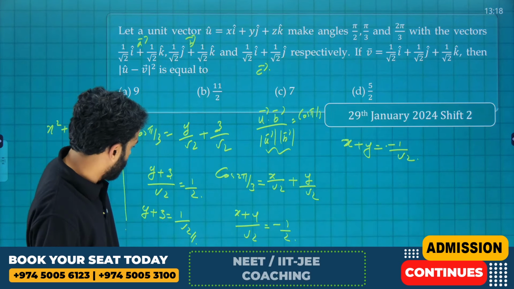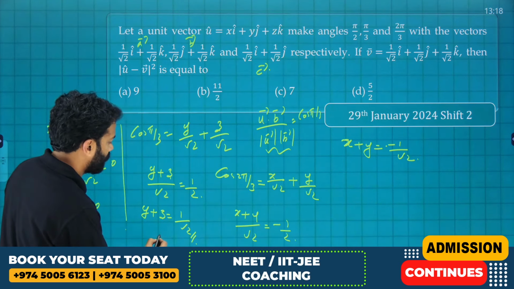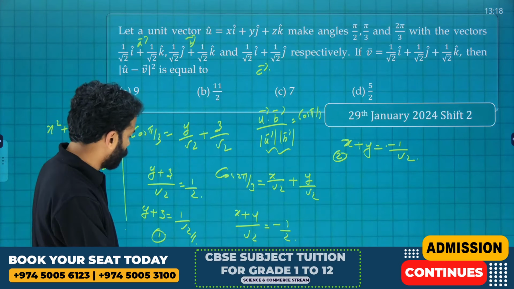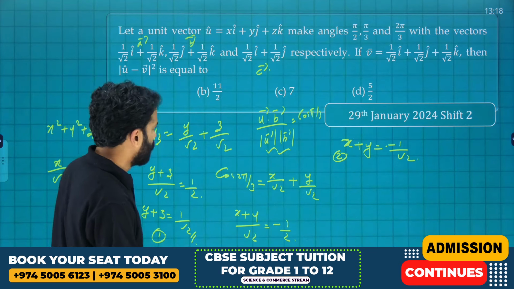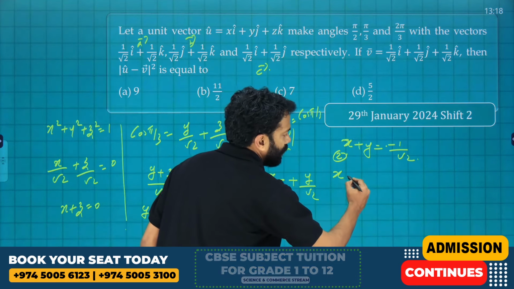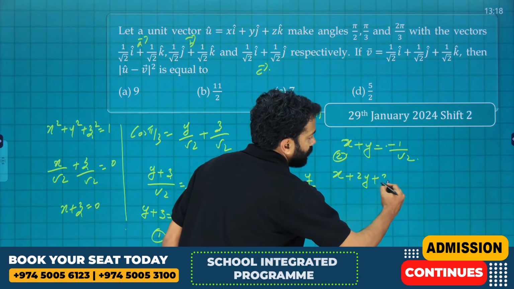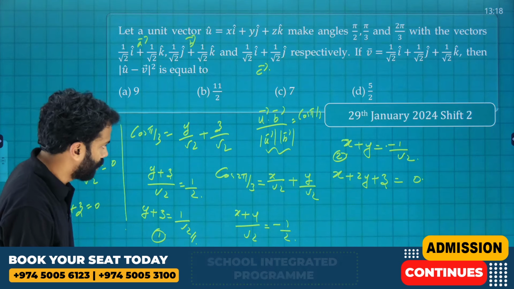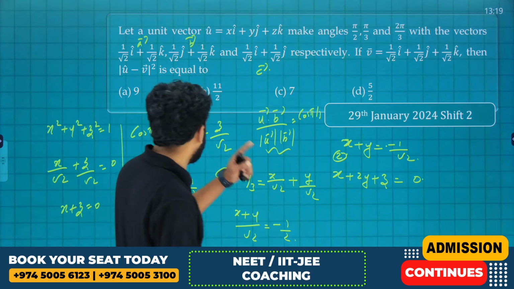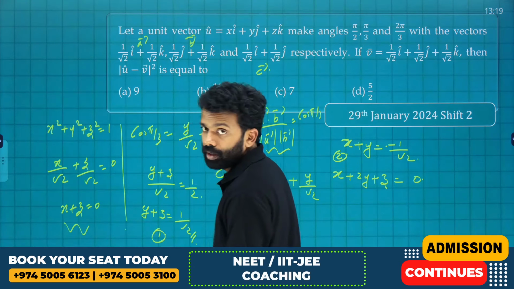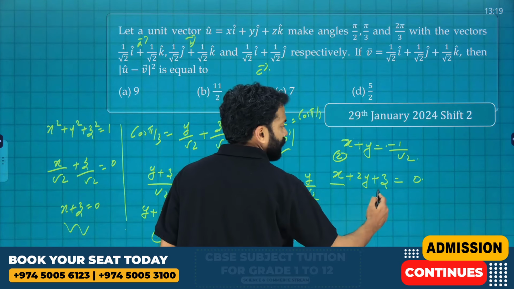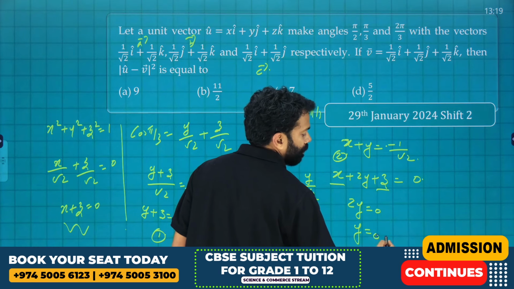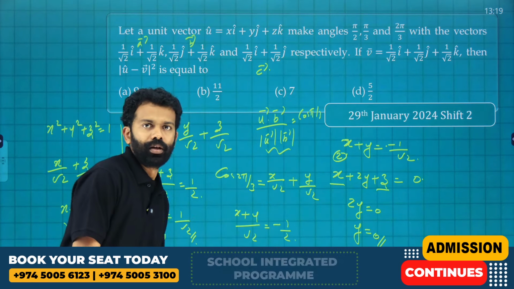So let's take these two equations as equation number 1 and equation number 2. If you add those two, the left hand side becomes x plus 2y plus z, and the right hand side is minus 1 by root 2 plus 1 by root 2, that is 0. We have another equation, x plus z is equal to 0. Therefore x plus z becomes 0, that is 2y is equal to 0, so y is equal to 0.